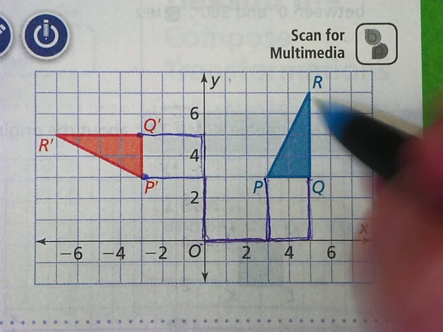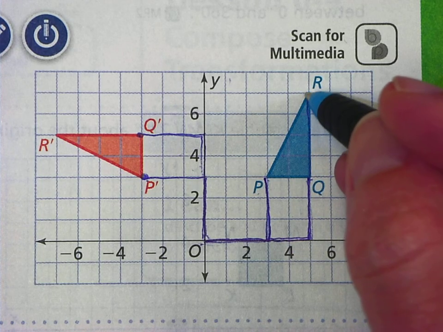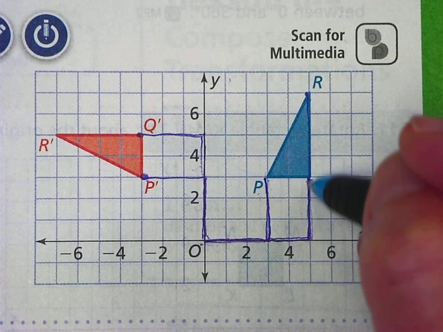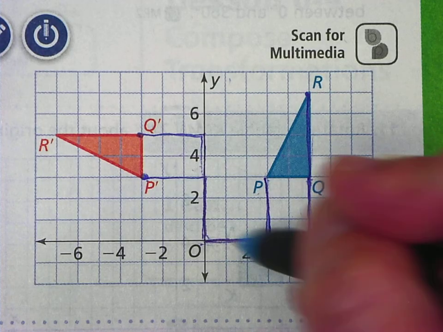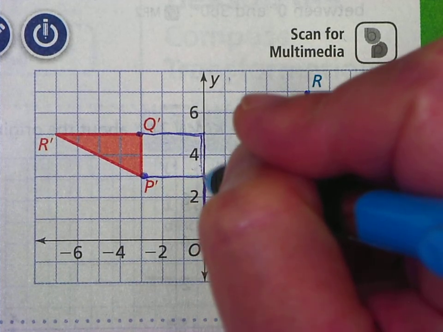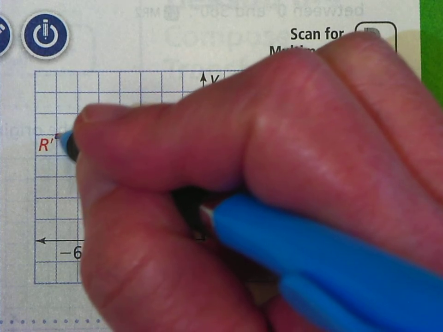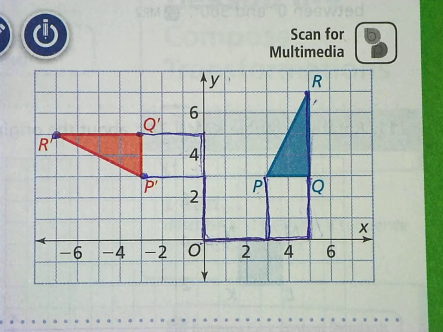Let's try R. If we go over 5 units and out 7 units for that L-shaped pattern, make one turn left and go over 5, out 7, and you'll find R prime.